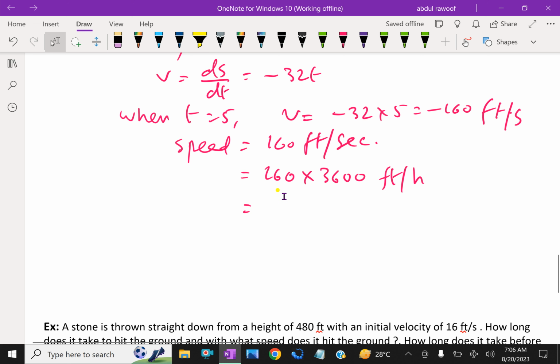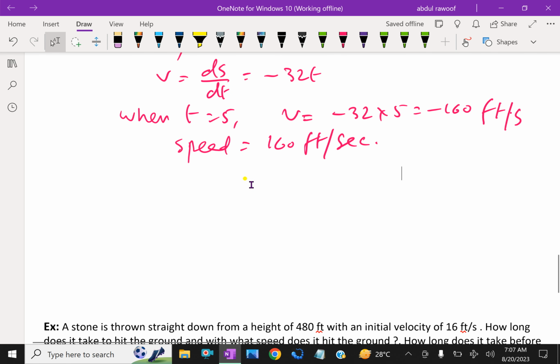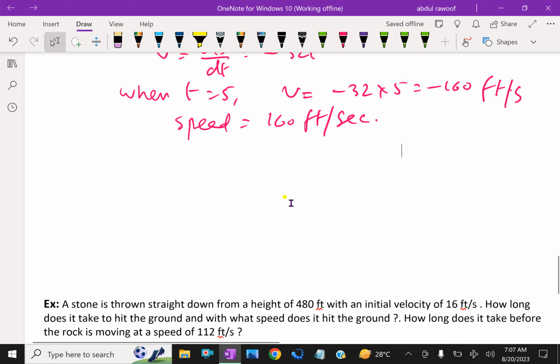This much is enough. This velocity is in feet per second. It hits the ground at a speed of 160 feet per second.